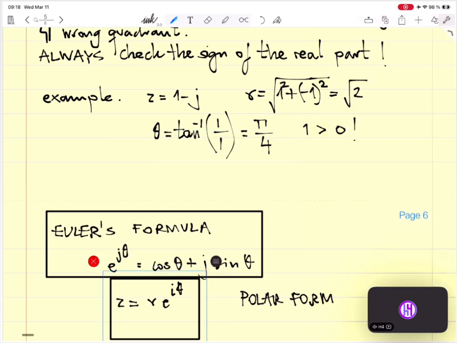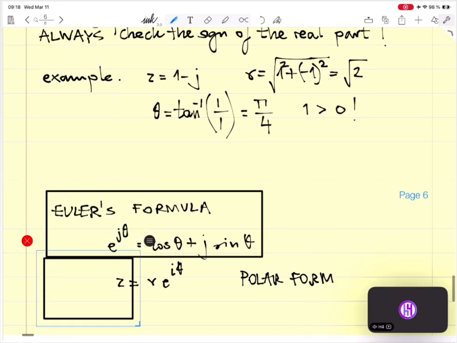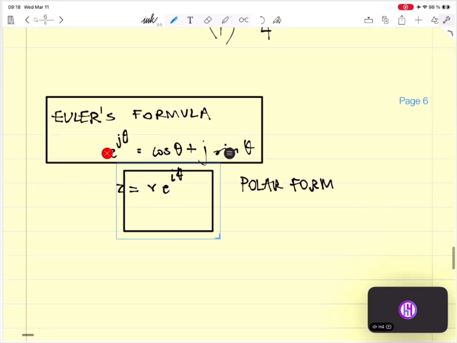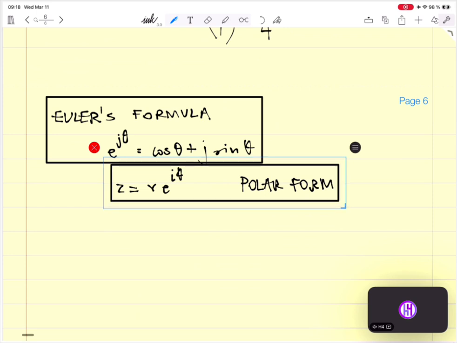For engineering, this is one of the most useful formulas in all mathematics.